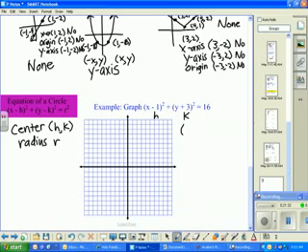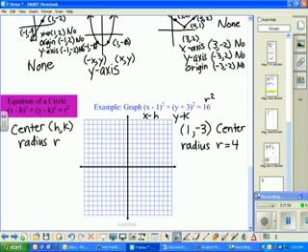So I have the ordered pair. This is x minus h, so h would be 1. And this is y minus k, so k would be negative 3. And the radius, this is r squared, so the radius, r, would be 4.